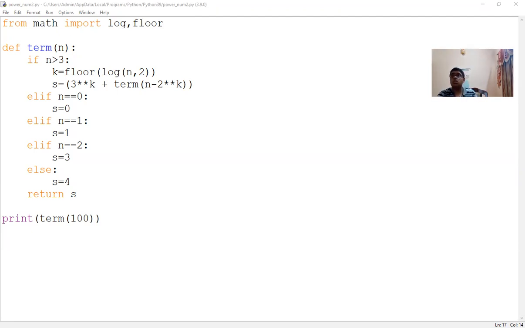So we not only found an algorithm to find the 100th term of the sequence, we found an algorithm to calculate the nth term of the sequence in general, and here is the Python code for doing that as well.